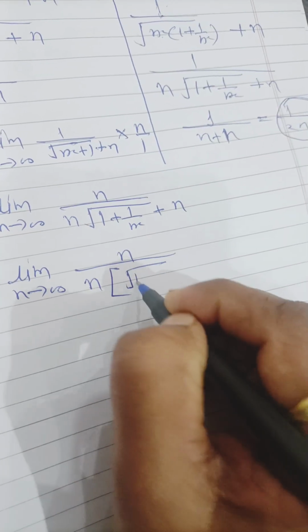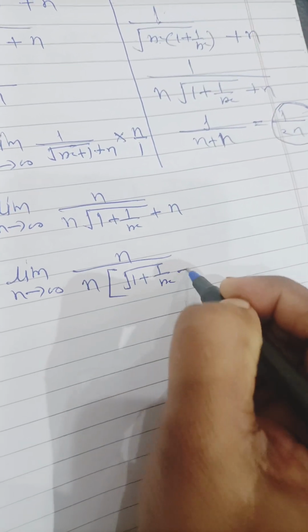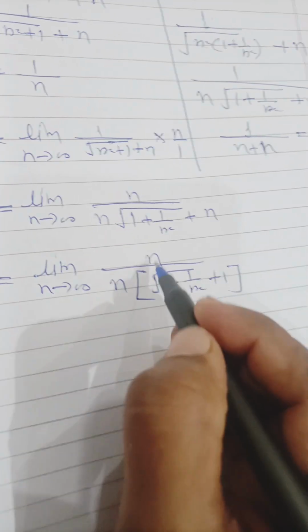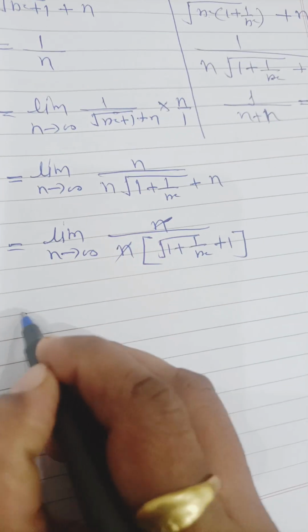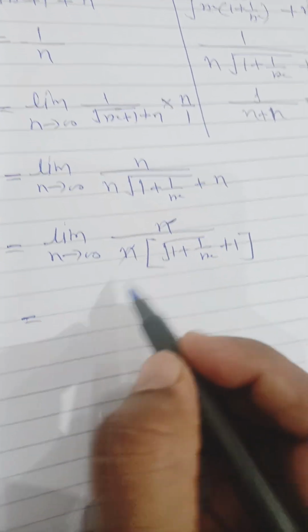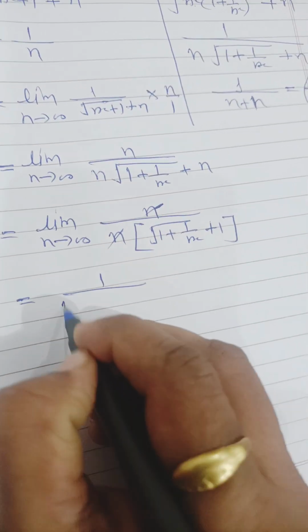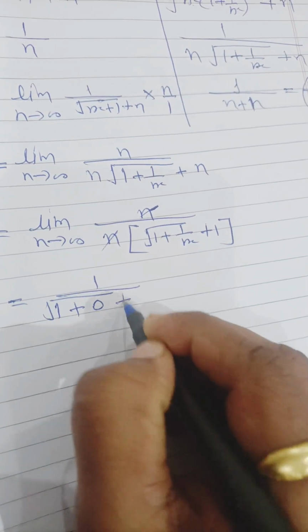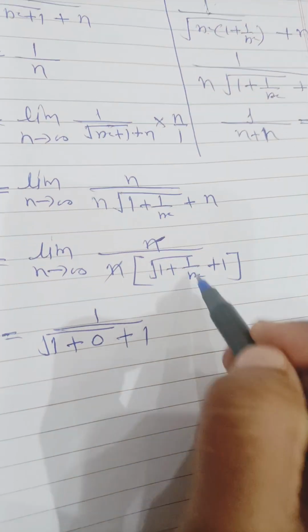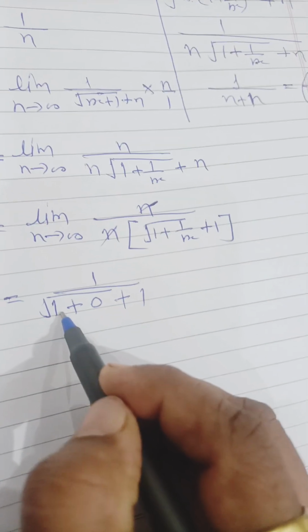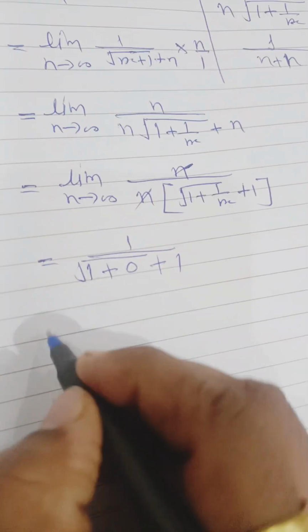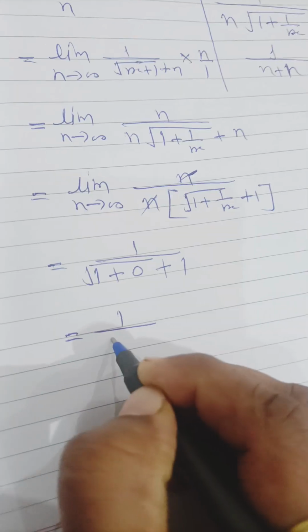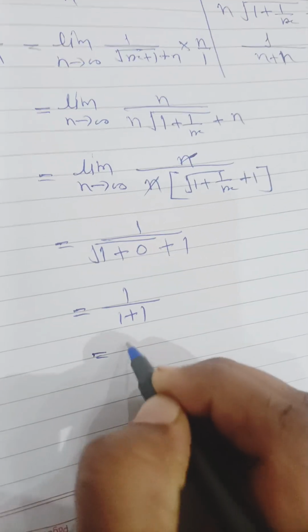So, root 1 plus 1 by n square plus 1. Now, we will cancel this n. So, put n equals to infinity. What will happen? 1 upon 1 plus 0 under root plus this 1. 1 by infinity is 0. So, 1 plus 0. This is nothing but 1 upon 1 plus 1, that is half.